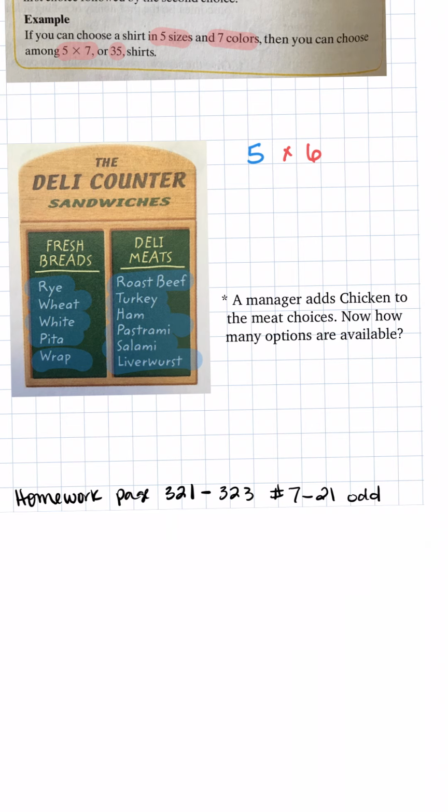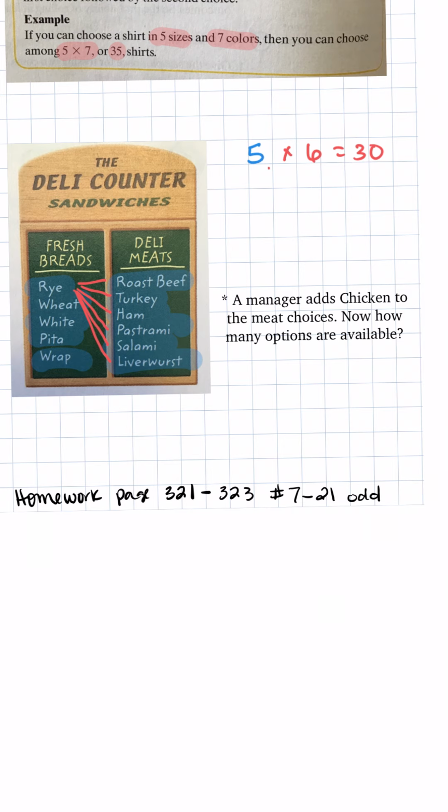So to do all these, we could draw a chart. Rye could have 6 different types of meats on it. But after knowing what we know up top, we can just do 5 times 6 equals 30. Therefore, there are 30 different possibilities you can have based on these options.